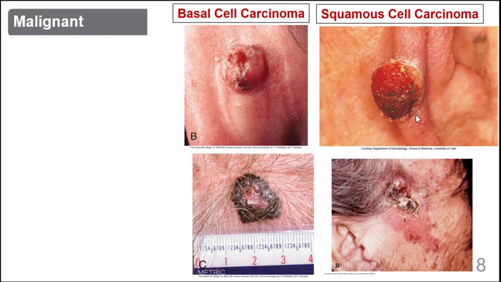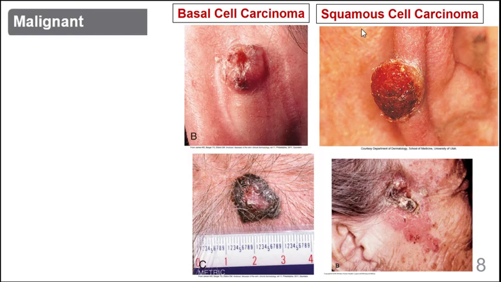You can see that they will form these nodules, and they can take on other forms as well, but they can invade surrounding tissue, and when they are removed can be very disfiguring, just like basal cell carcinoma, but they don't tend to invade the blood and lymphatic vessels, and therefore it is rare for them to actually spread to other areas of the body.